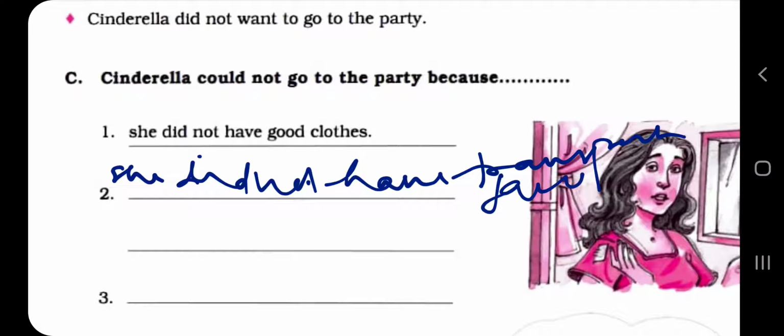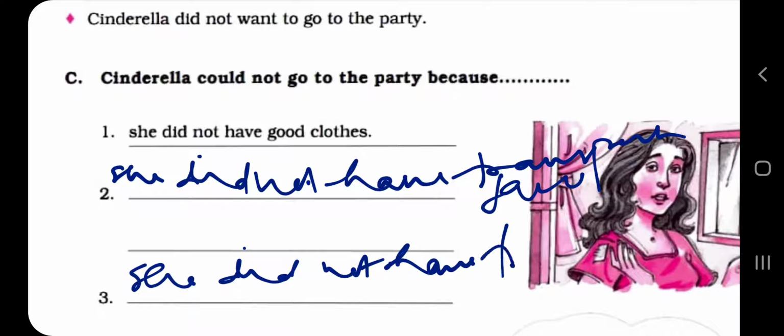Or she did not have the company. She did not have friends. Company is also friends. She did not have friends to accompany her.